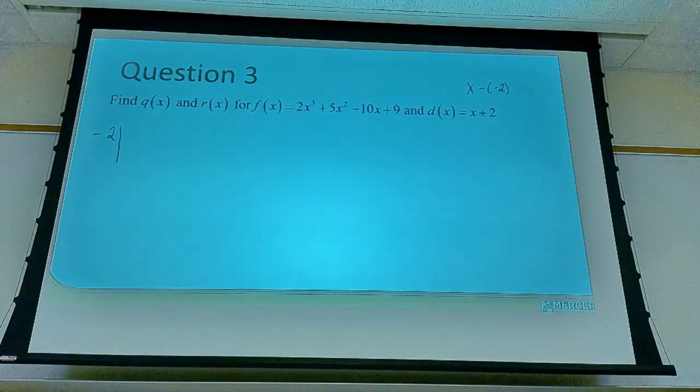So the leading coefficient is 2, then you have 5, negative 10, and 9.